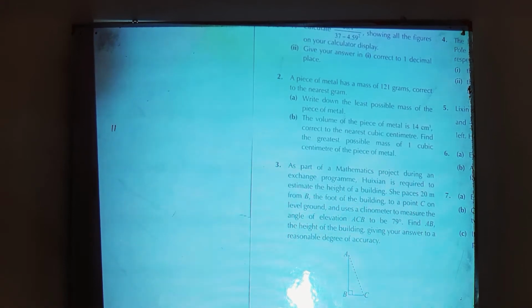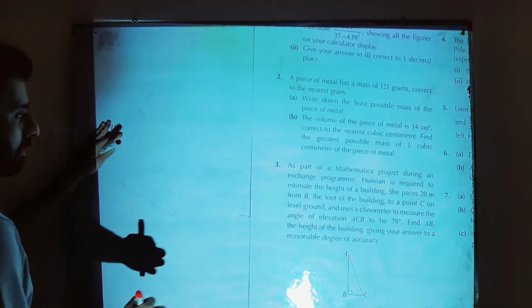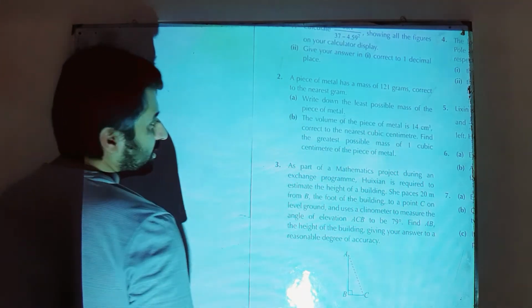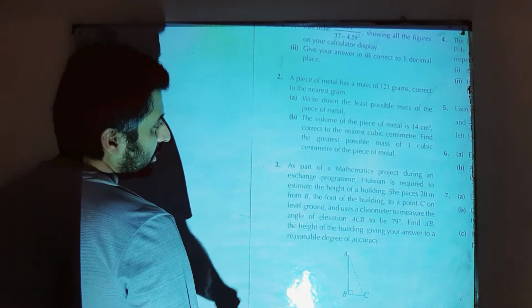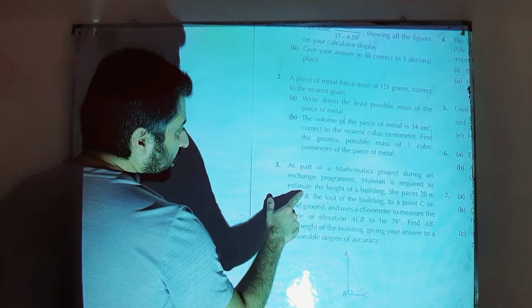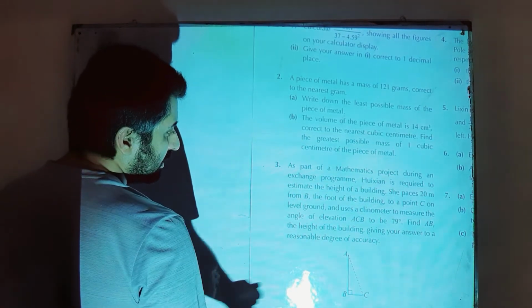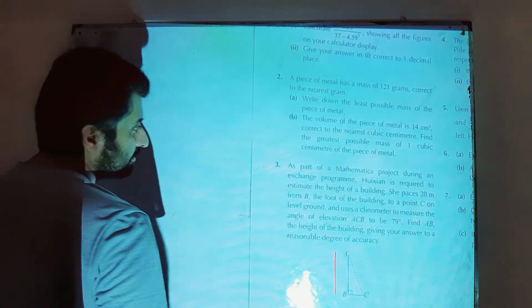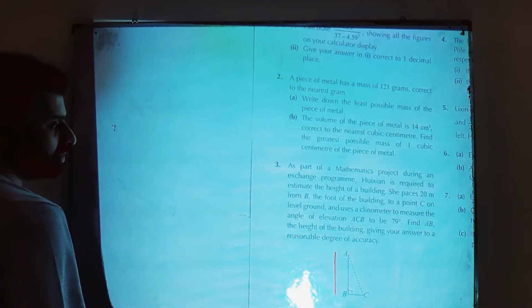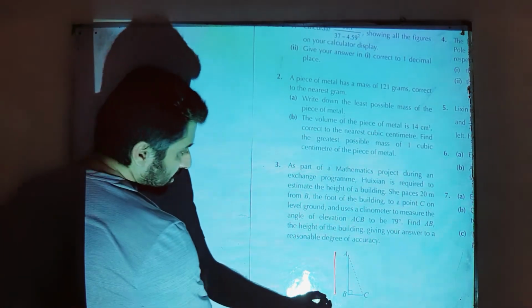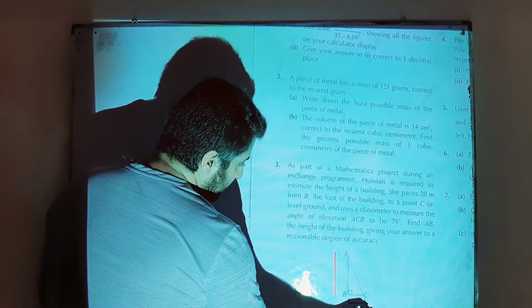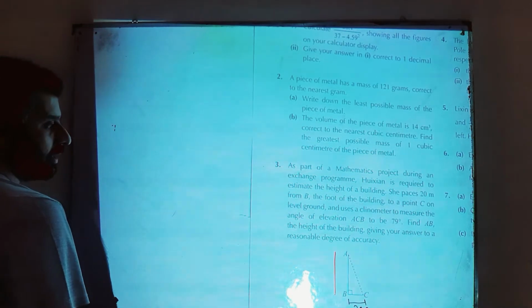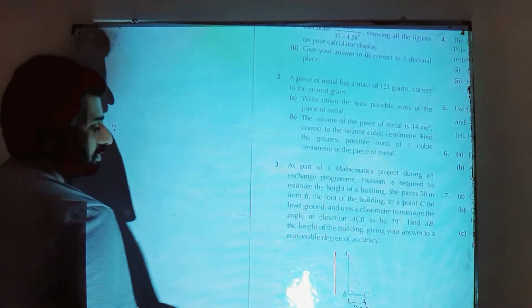In question number 3, as part of a mathematics project during an exchange program, Hugesian is required to estimate the height of a building. This is the height of the building. From B, she paces 20 meters until point C, which is on level ground.